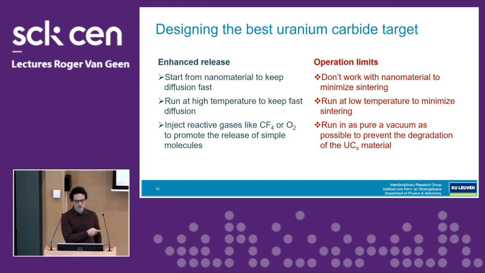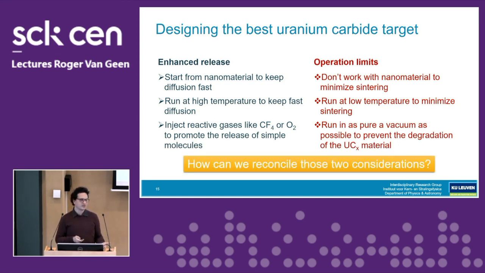And run in as pure a vacuum as you can to prevent the degradation of your uranium carbide target. You don't want it to suddenly start oxidizing on you. So you can see that whatever you say is going to improve your system, it's going to destroy it as well. So it's finding this very difficult balance or ways to reconcile those different aspects. That's the whole challenge of targetry for an ISOL facility.